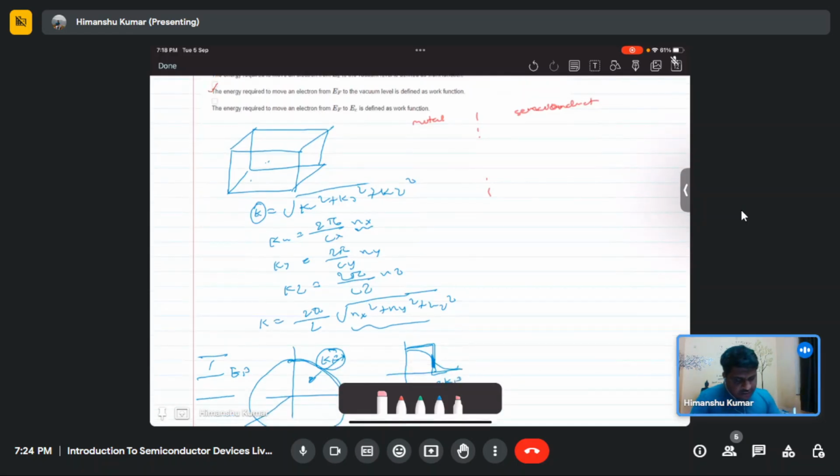So this is the story about the case of metal. In metal there is only the concept of the Fermi level EF, and there is a vacuum level.